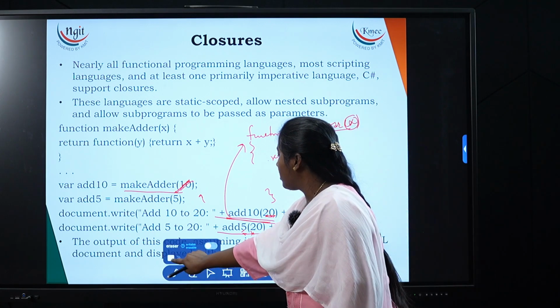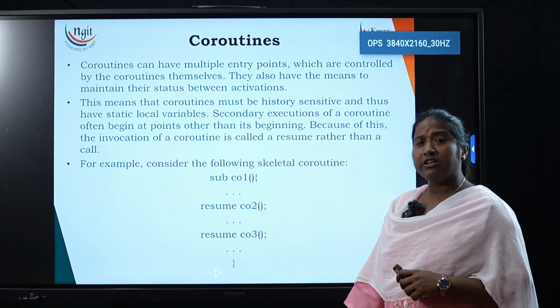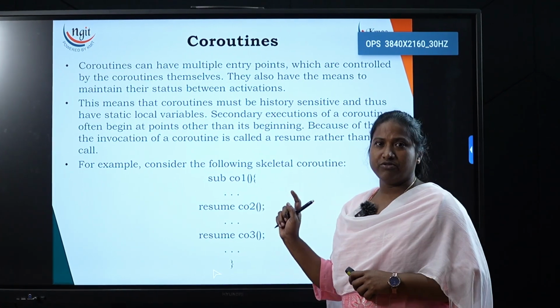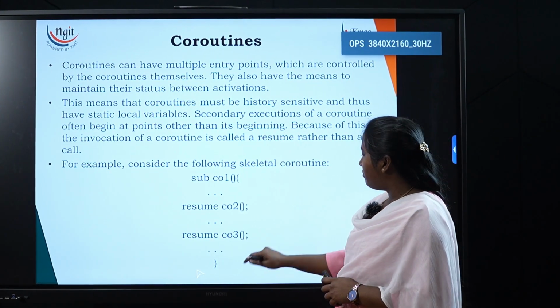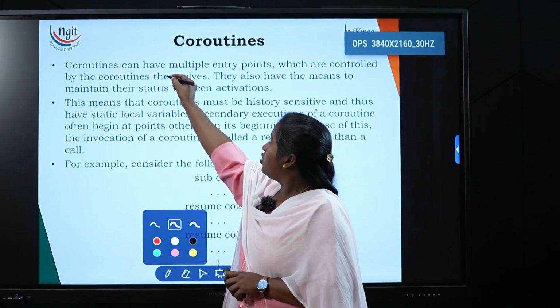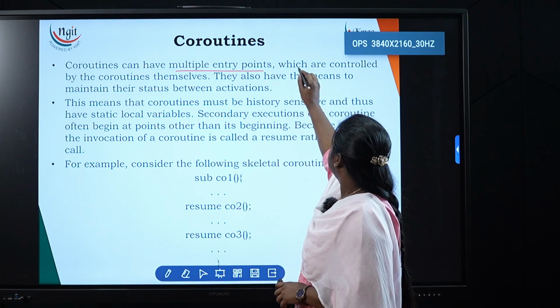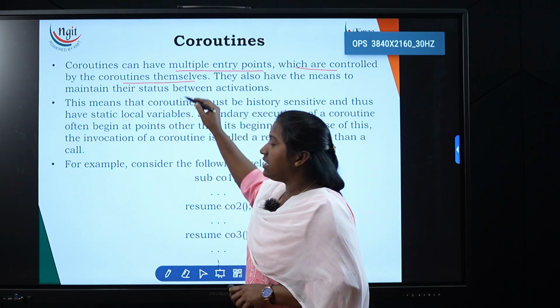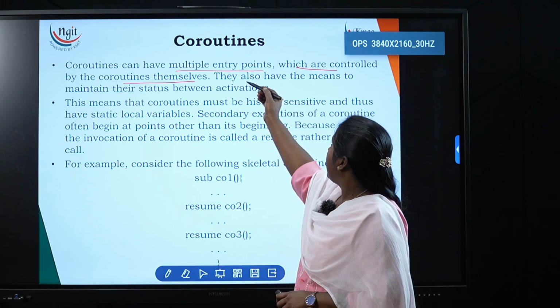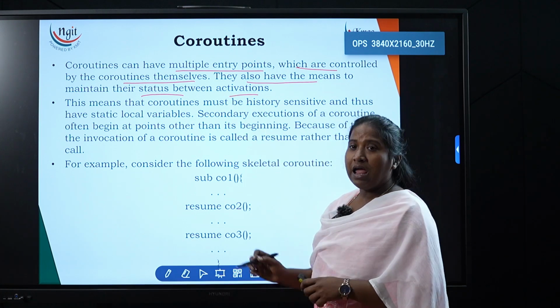Now let's talk about the coroutine in detail. Coroutine is also a subprogram and it can have multiple entry points in the program. Coroutines can have multiple entry points, which are controlled by the coroutines themselves. They also have the means to maintain their status between activations.